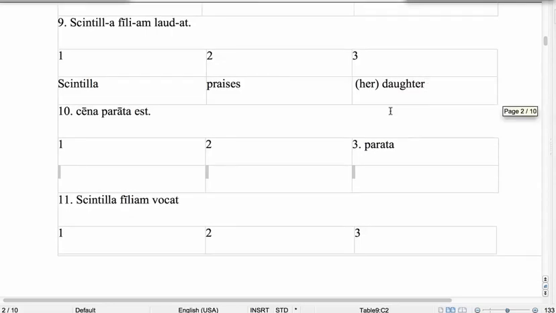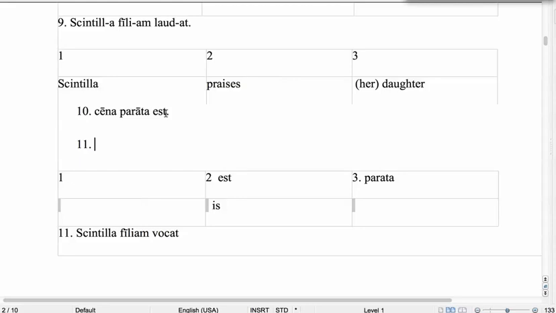Okay, and so on. In this case, the verb is est, is. This is number 10. Cena is a noun, and parata is a verb. The way you could tell that cena is a noun is if you look it up in the dictionary. It will say cena, cenae, that's the genitive singular form you haven't had yet. And then it will say feminine, F for feminine.